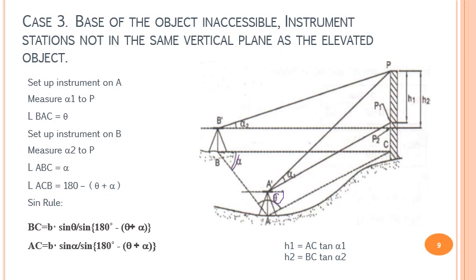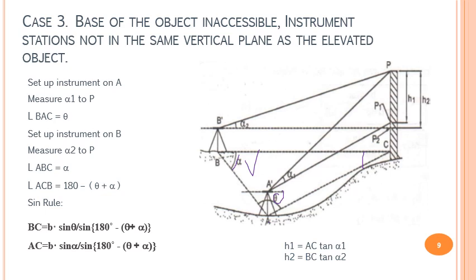Here the theta and here the alpha. Then angle ACB is equal to 180 minus theta plus alpha, since the sum of the angles of the triangle is equal to 180.